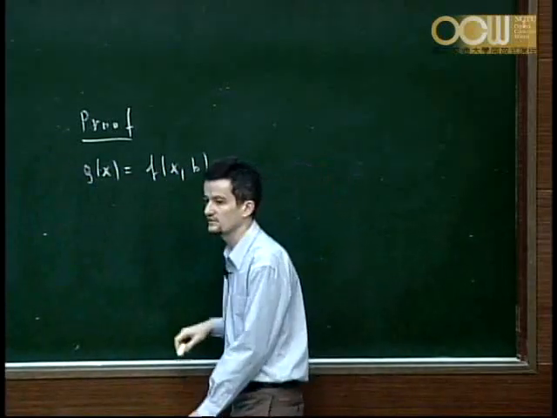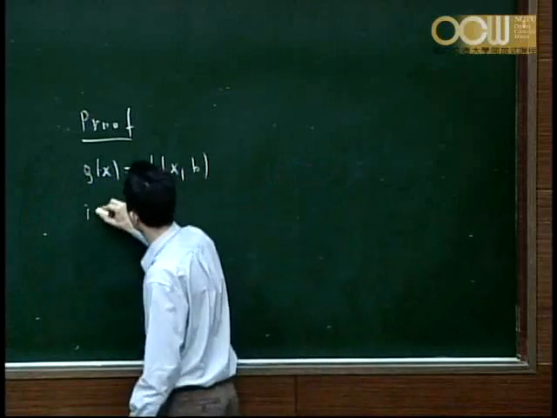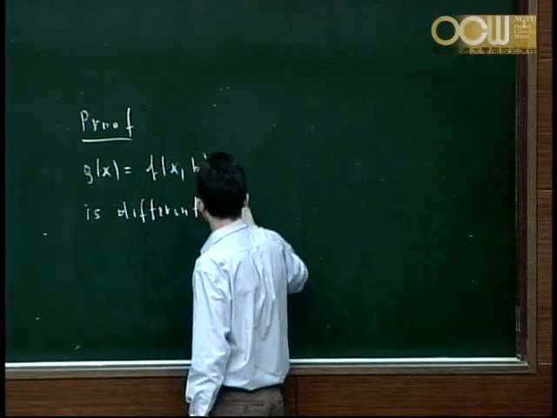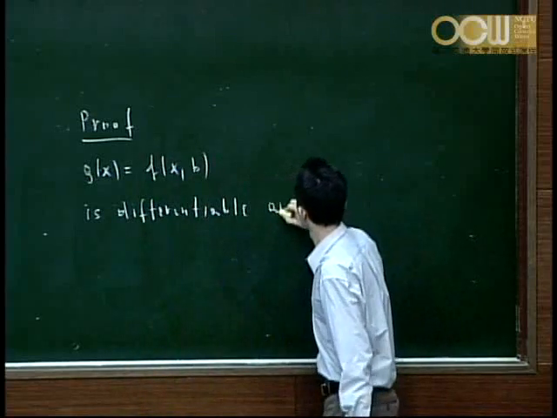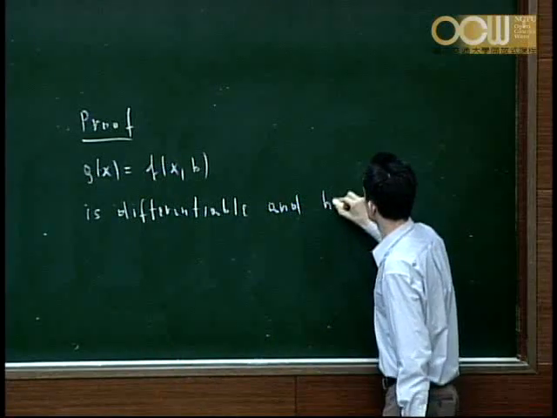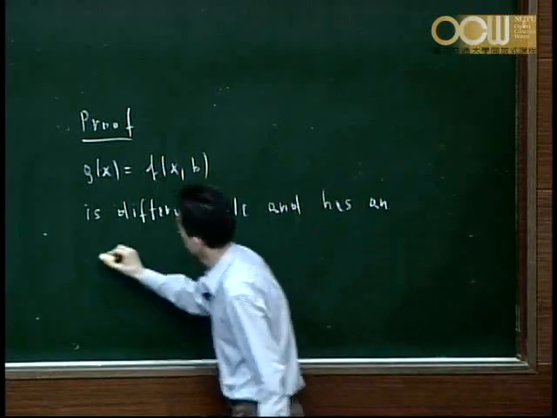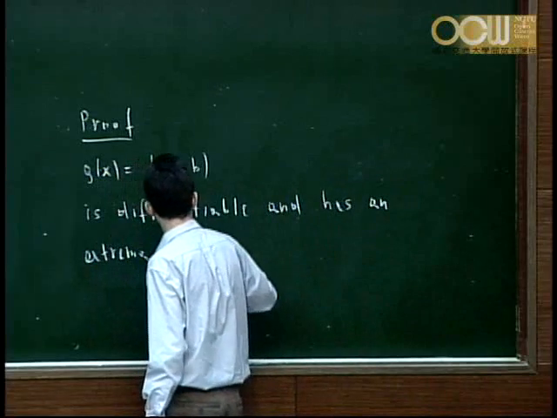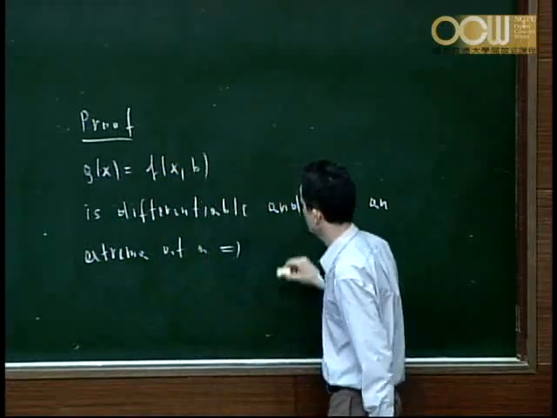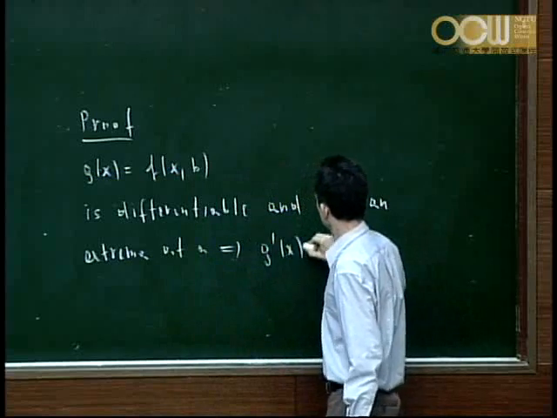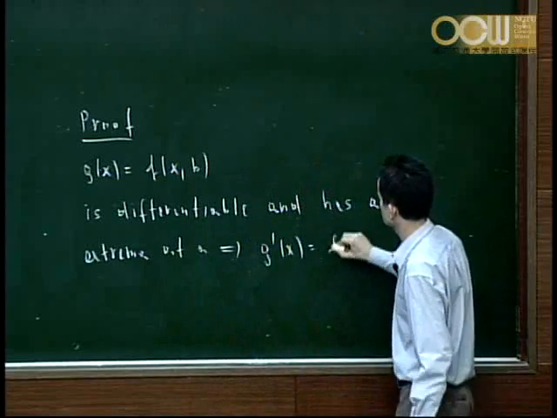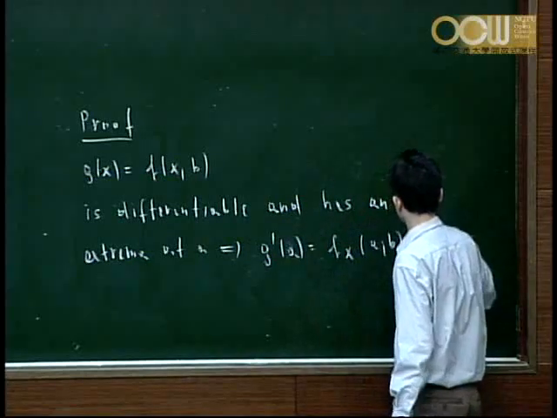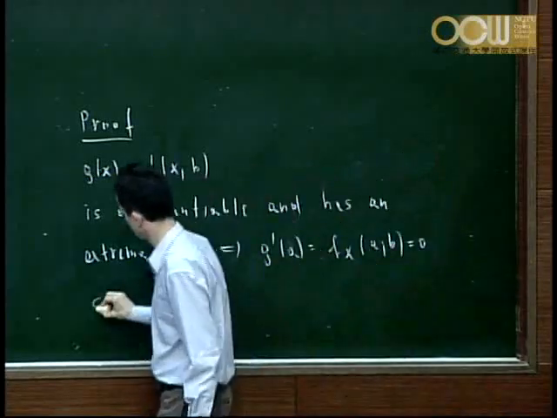So you just apply the result from last semester. From last semester we know that the derivative, which here is just a partial derivative, must be equal to 0, and similar for the partial derivative with respect to y.